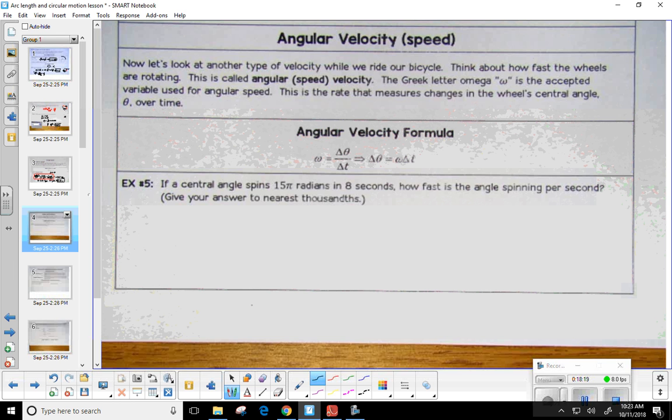Linear velocity is the actual speed that the object is moving, but angular velocity is how fast it is rotating with respect to time. Okay, so the thing about angular velocity, it's always going to be in radians per some unit of time. Could be seconds, could be minutes, could be hours, whatever you want it to be.